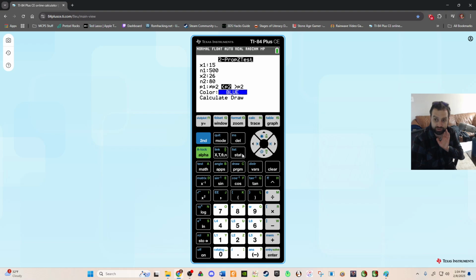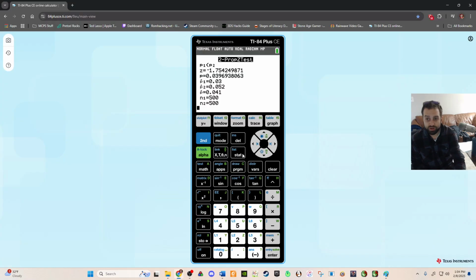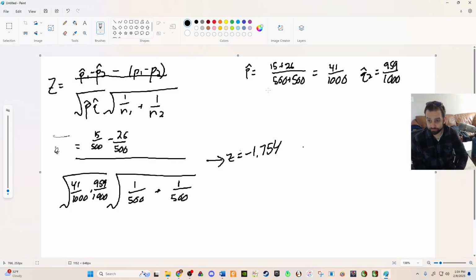The other one is 26 over 500. Okay, let's test. All right, so I get a z-score of negative 1.754. We would have got that if we did this math. Then the p-value is 0.040.